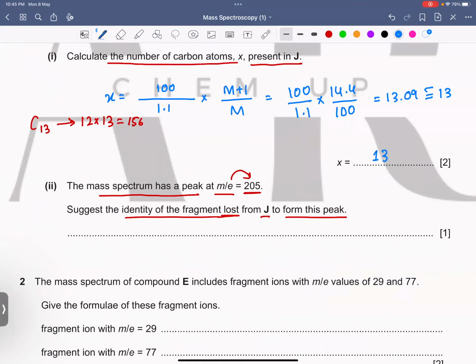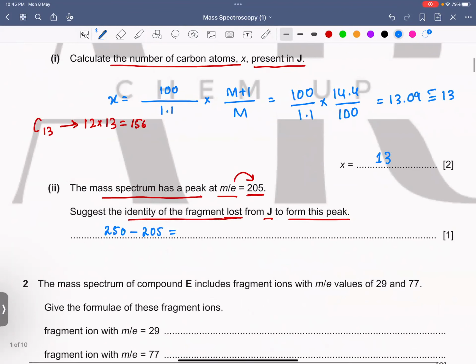The fragment that is lost can be identified by subtracting this from the Mr. So we get the mass of the fragment lost, which would be 45, right?